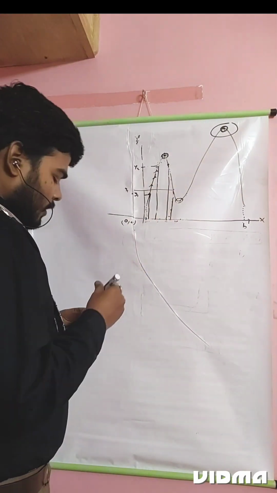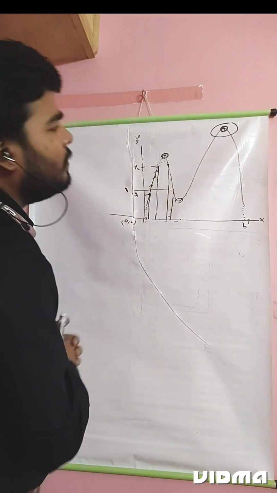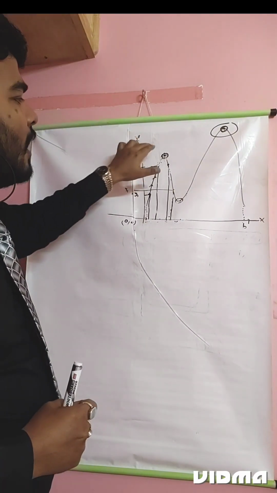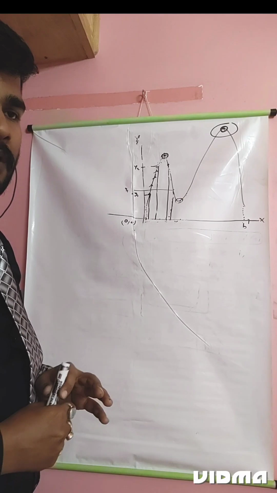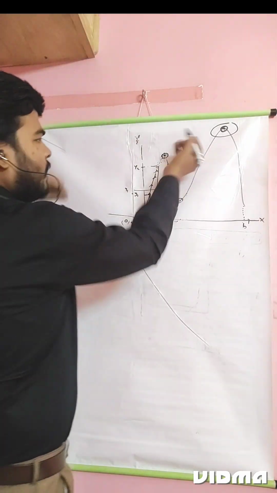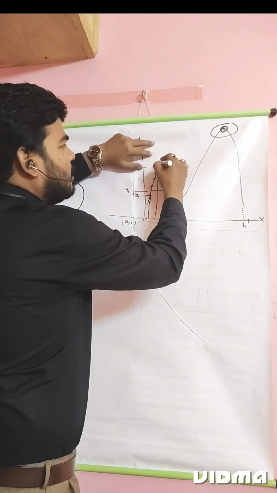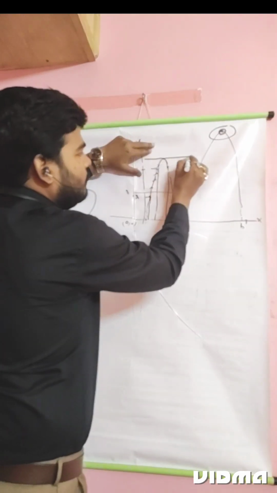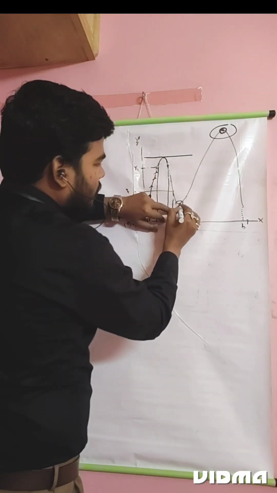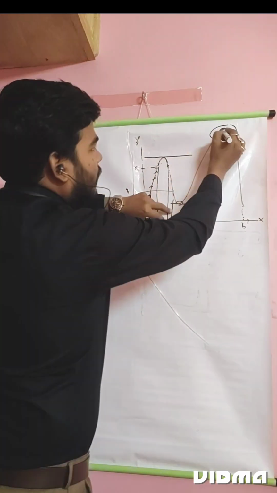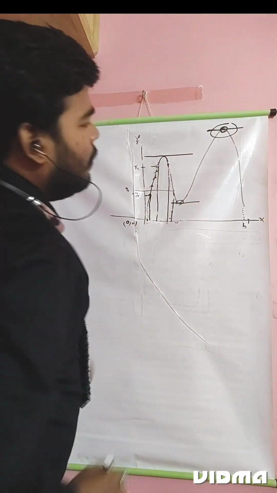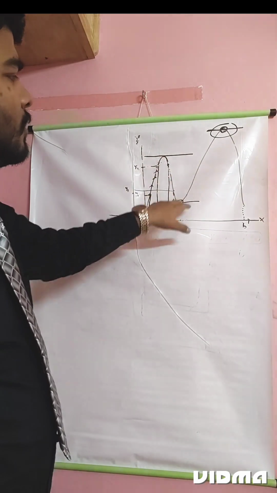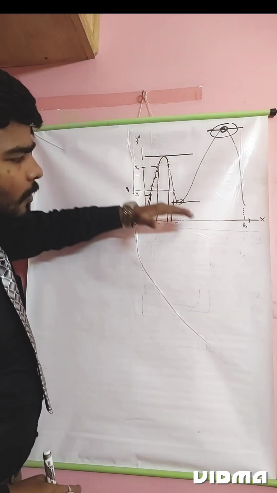Here we have 3 points, and these all are critical points. If we draw a tangent at these points, suppose we draw a tangent at this critical point, here and here and here, we can say that all these tangents are parallel to the x-axis.